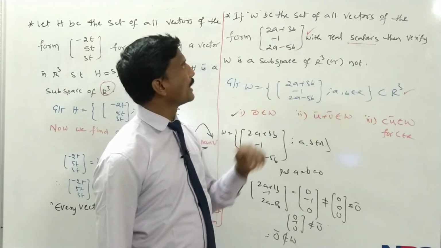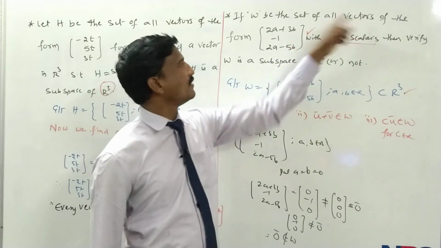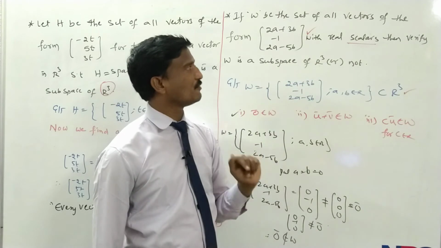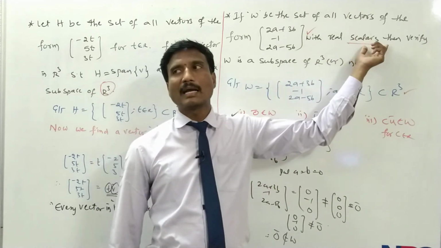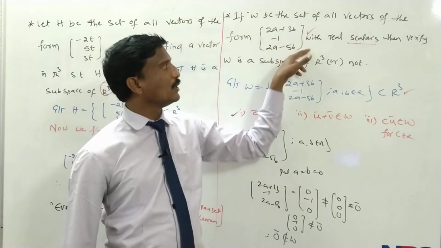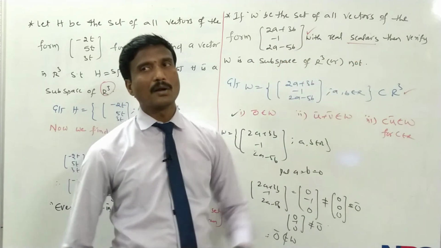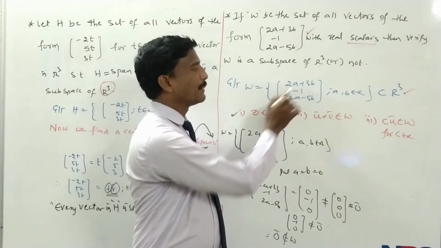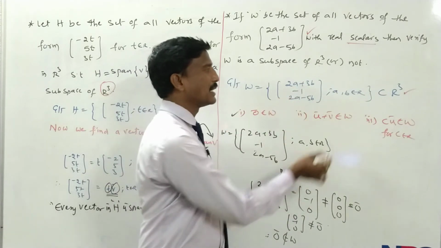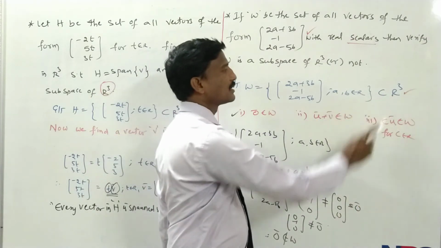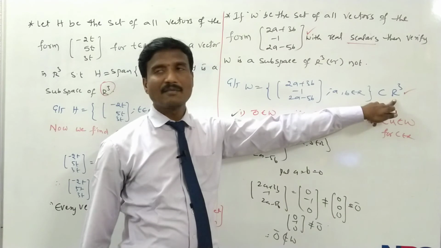Let us see it one more time. W is the set of all vectors of the form (2a + 3b, -1, 2a - 5b), where a, b are real scalars. Now we have to verify whether the set W is a subspace of R3 or not. This is a subset of R3, and R3 is the vector space.